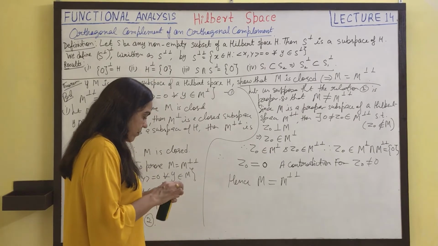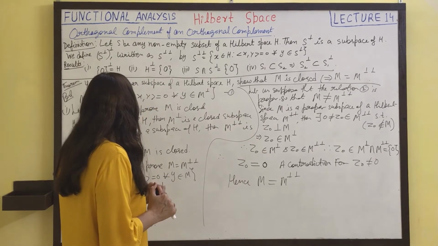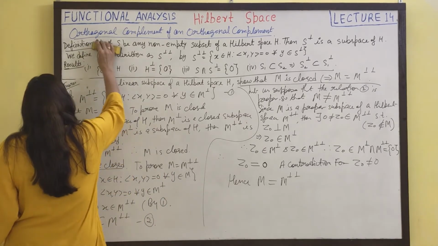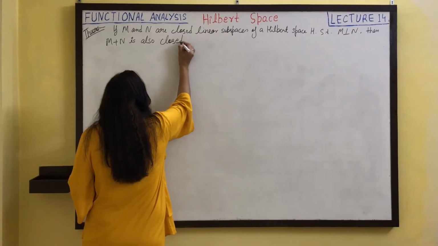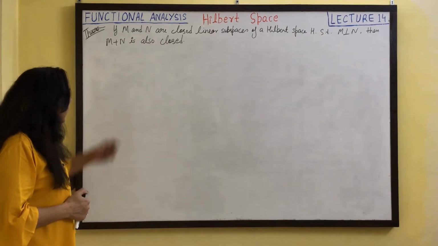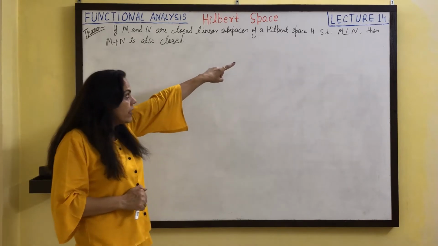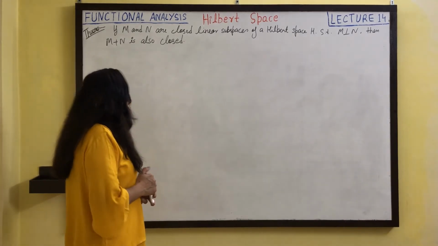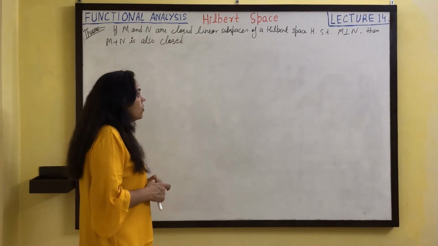Okay. Now, let's move to the next theorem. Let's prove this theorem. If M and N are closed linear subspaces of a Hilbert space H such that M is perpendicular to N, then M plus N is also closed.